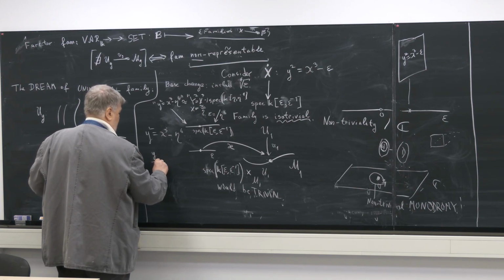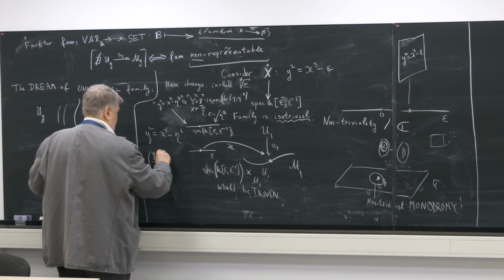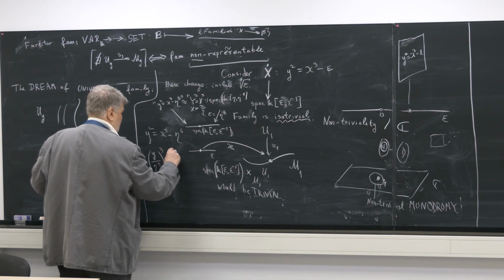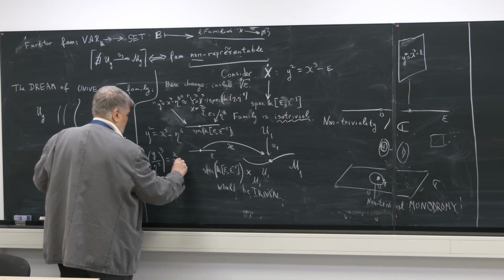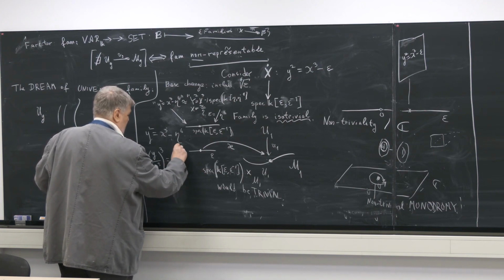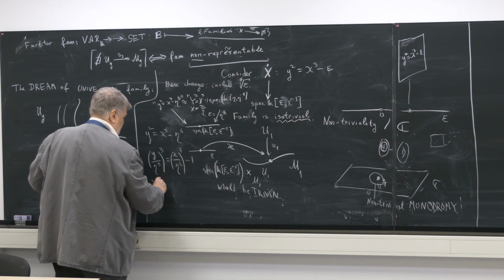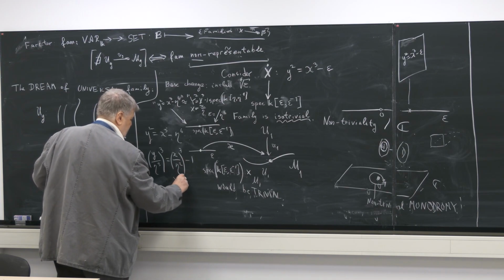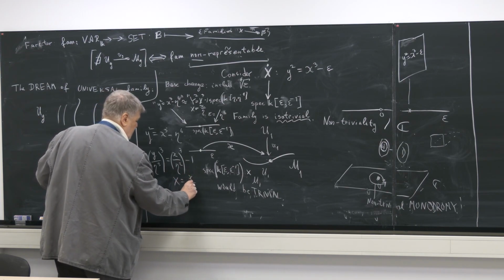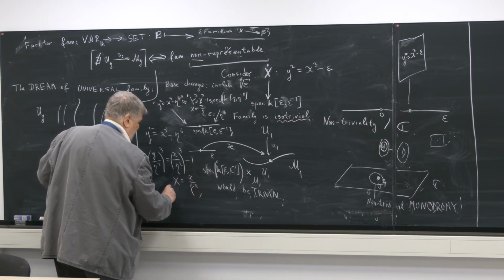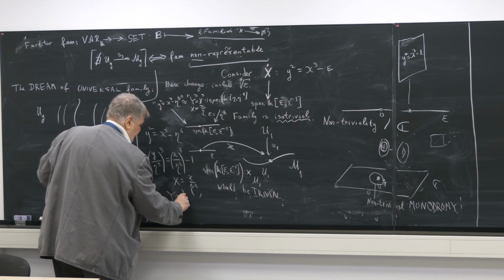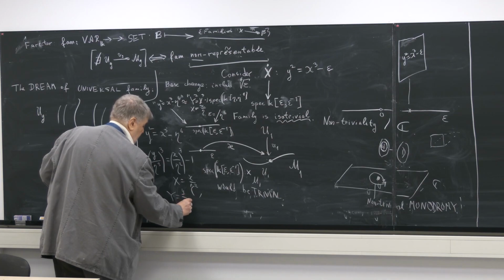Now we divide it by eta to the 6 and see that here we have y over eta cubed, squared, is x over eta squared, cubed, minus 1. And then we introduce the new variables, x being x over eta squared and y being y over eta cubed.